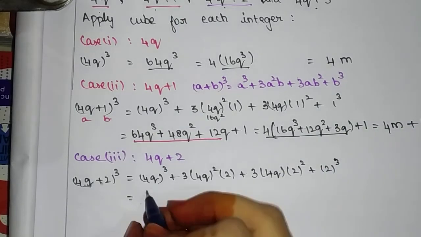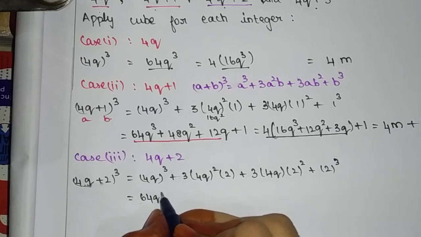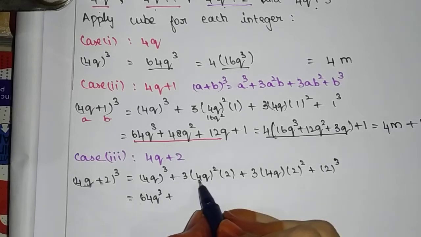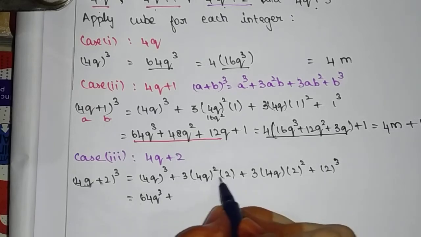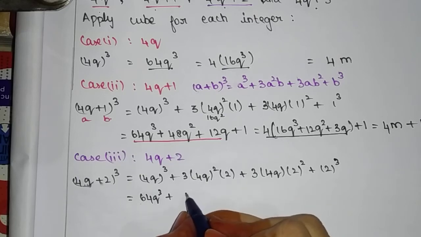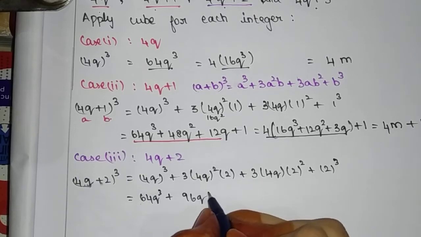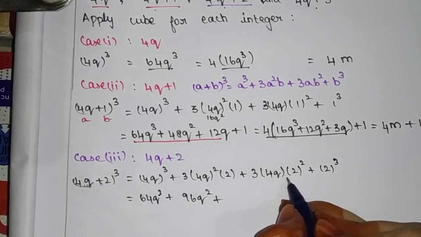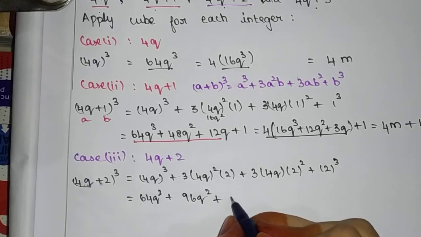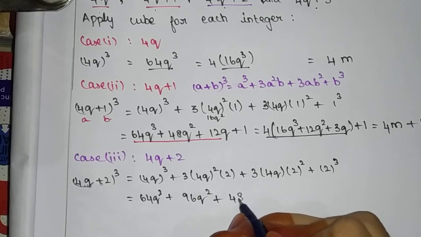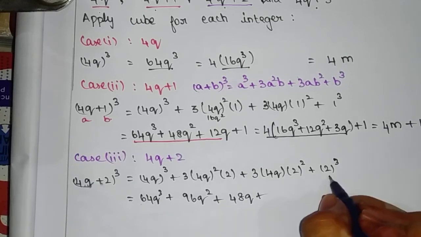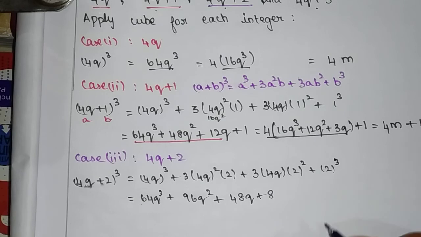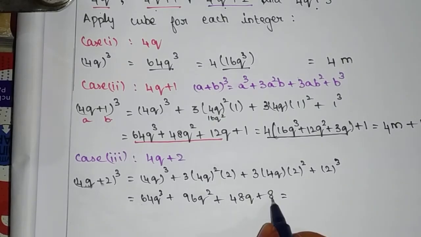Here 4q the whole cube is 64q cube plus here 16q square into 6, so it is 96q square plus first 2 square is 4, 4 into 4 into 3, so that is 48q plus 2 cube is 8. Now take common from all these 4 terms.